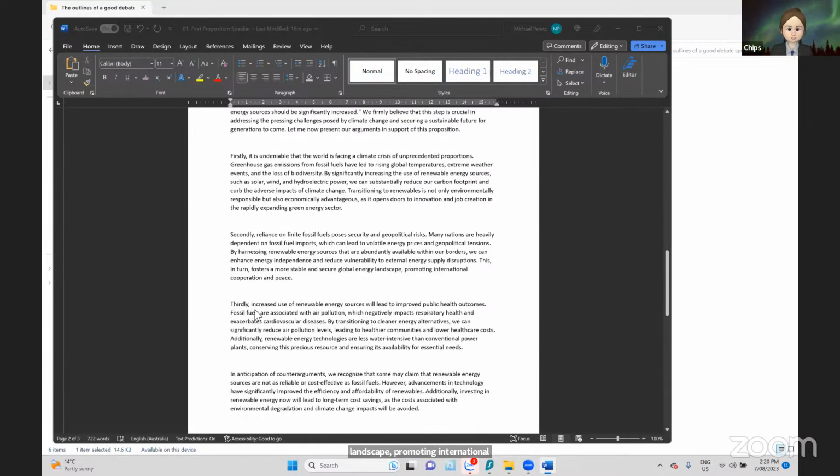Thirdly, increase of renewable energy sources will lead to improved public health outcomes. Fossil fuels are associated with air pollution, which negatively impacts respiratory health and exacerbates cardiovascular diseases.